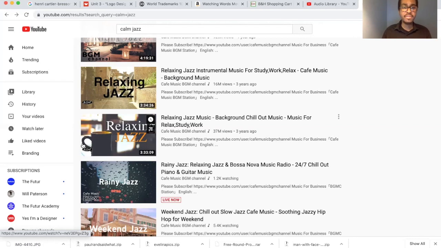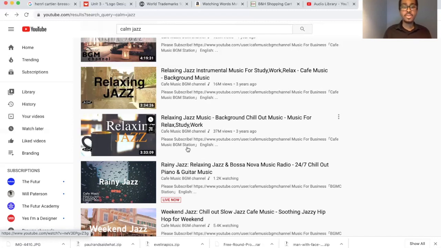And of course, we have this image of the cup of coffee. So those elements combined show what? Sophistication, class, while at the same time, a very chill, relaxing mood.